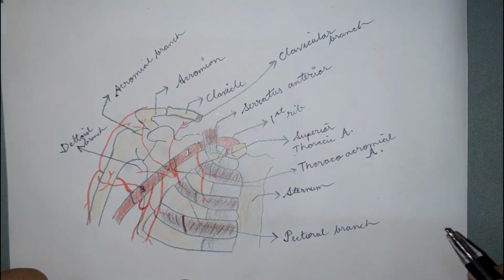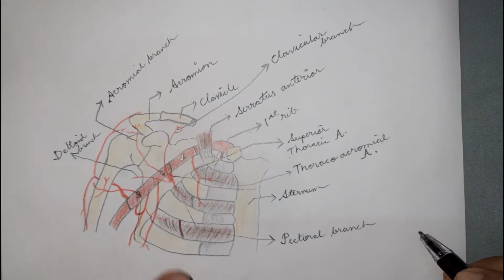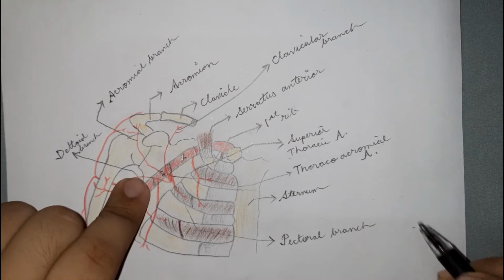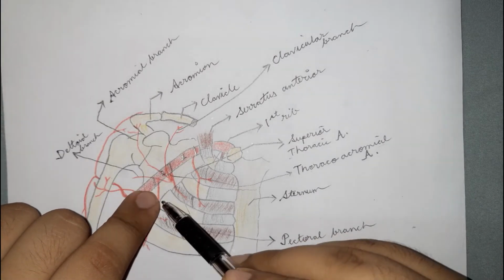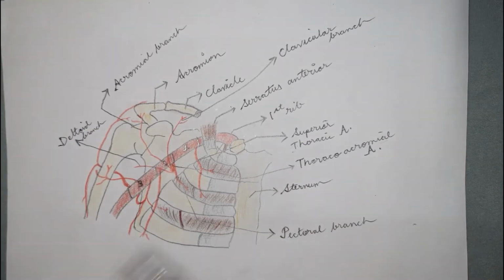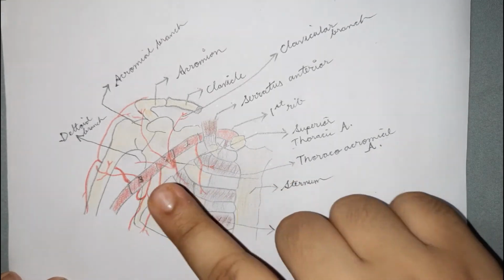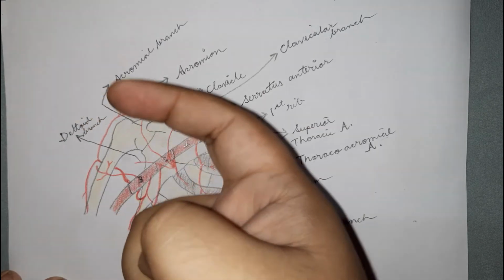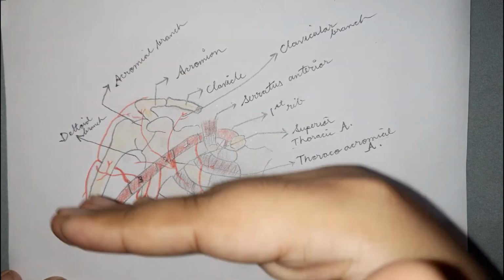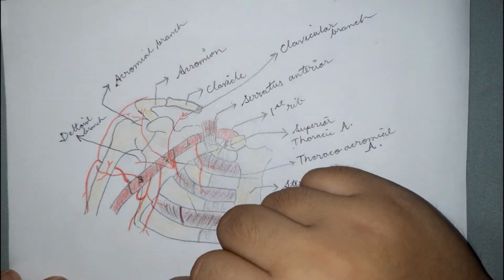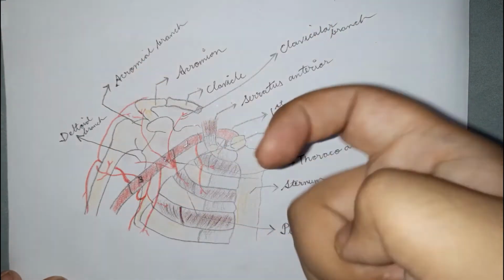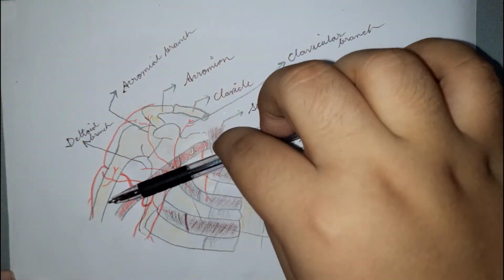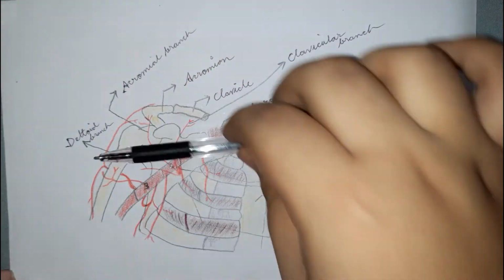The deltoid branch again has one high yield piece of information regarding it. What is that? The deltoid branch runs in a groove. Going from the thoracoacromial artery like this towards the deltoid region, it traverses a groove present between the deltoid and the Pectoralis Major. The Pectoralis Major is somewhat like this, and the deltoid is somewhat like this.